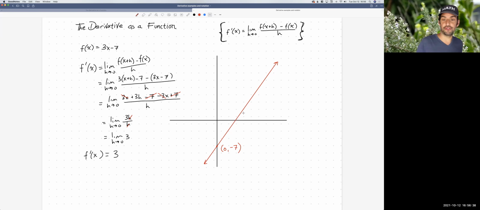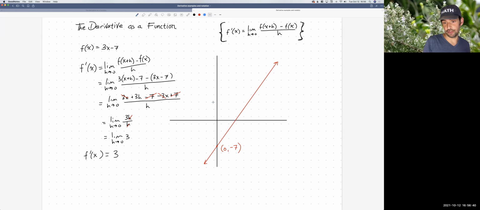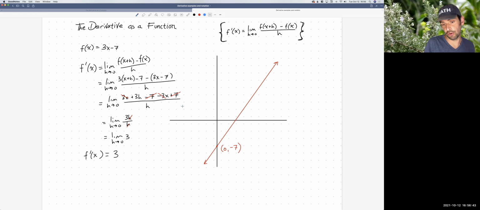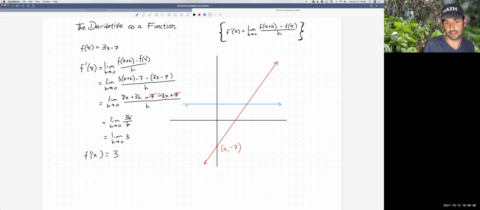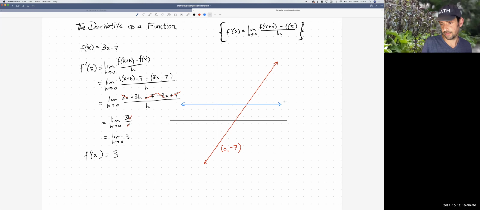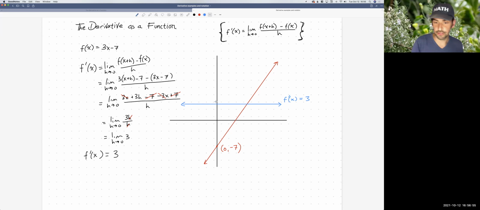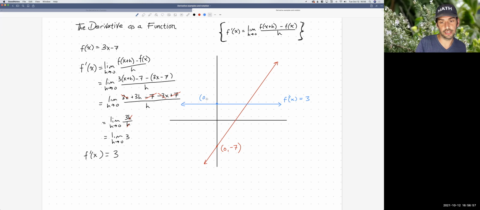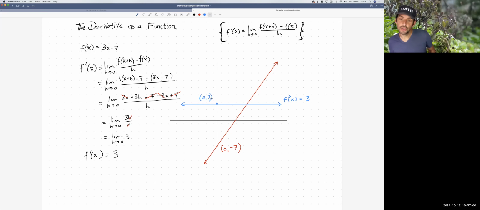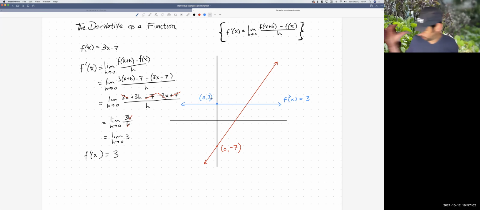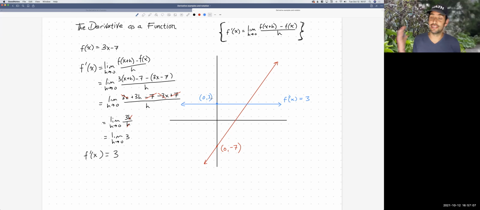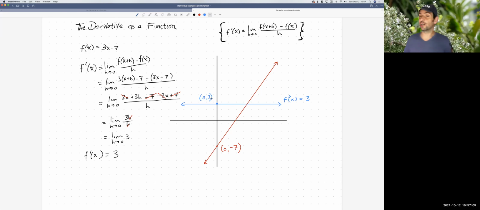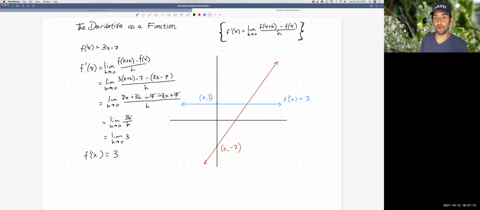So what does this derivative function do? The derivative function, let's graph that one as well, is going to be a horizontal line at the value 3. So it's going through the axis here at 0, 3. What is this telling us? Well, what is the tangent line? The tangent line, we said, was the line that looks most like our function at a point.